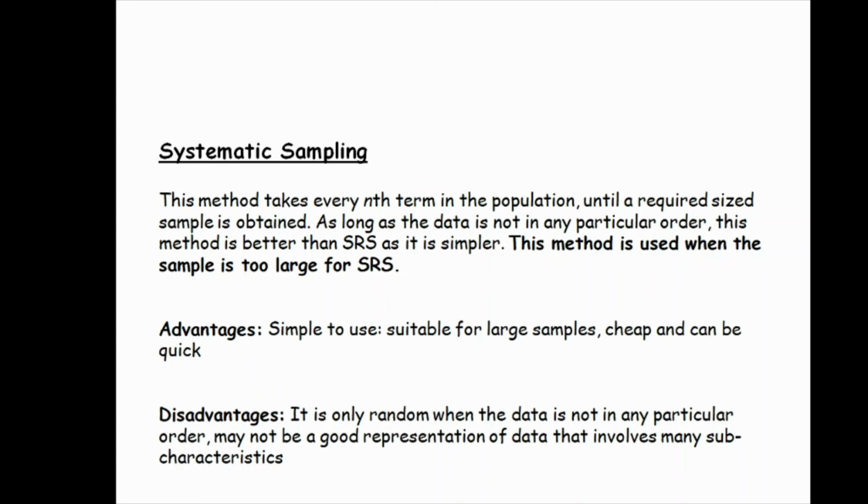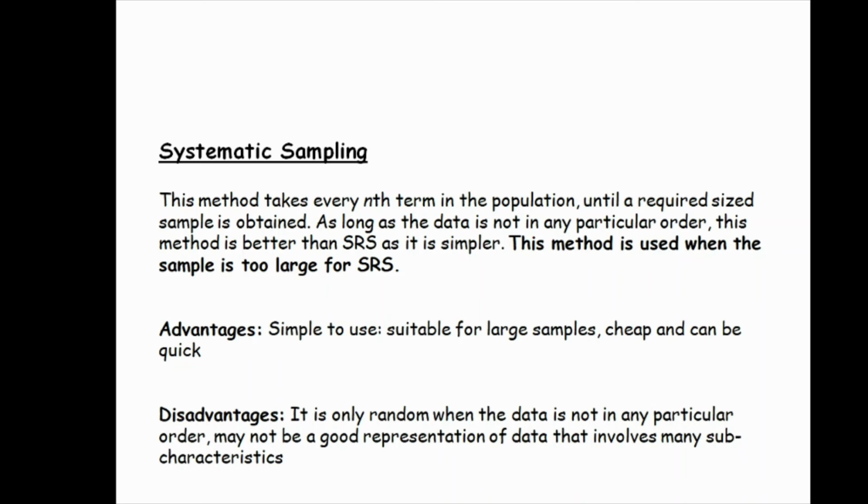Now, going into a little bit more detail, let's say I had a register of students in my class, and I want to get a random sample. If I had a class of 30 and I want to select 6 students, so I just choose every 5th student, what I might find is that by selecting every 5th student, the person who is first, the person who is last, is not going to get selected.